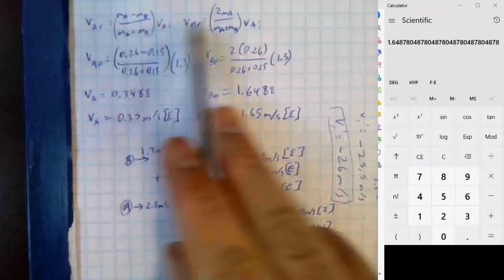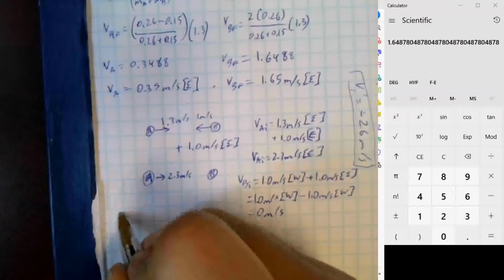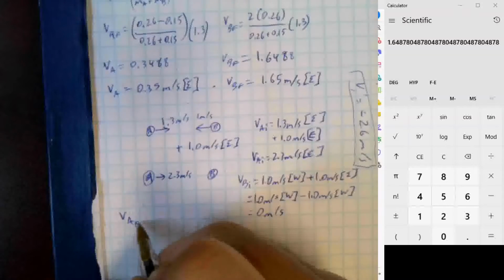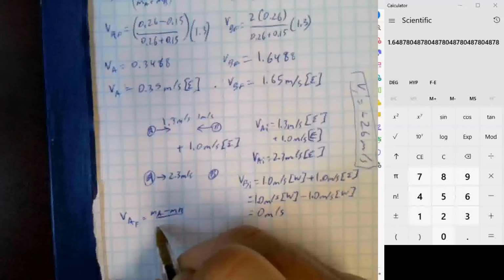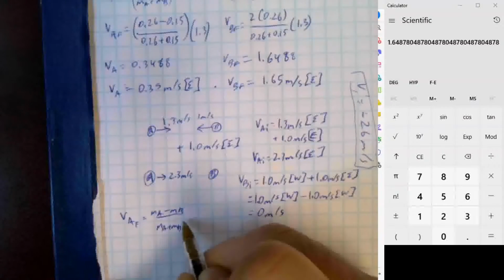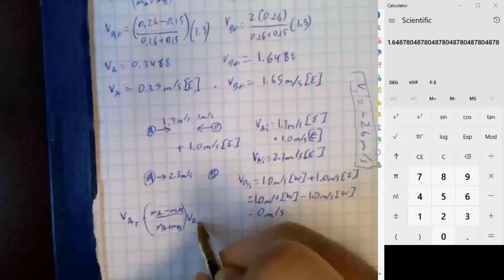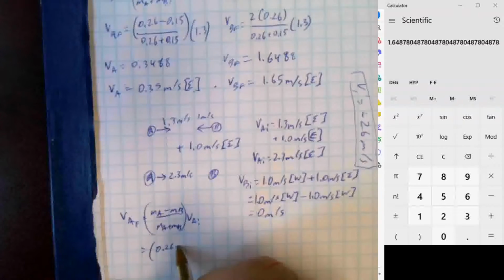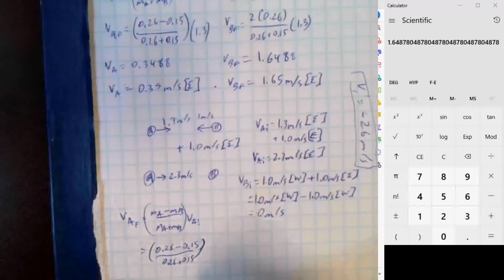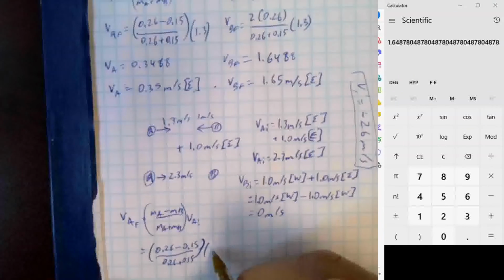Going back to these equations, I will rewrite them to make this easier to see. VAF is equal to (MA minus MB) over (MA plus MB) times VAI. When I substitute this in, I have (0.26 minus 0.15) over (0.26 plus 0.15), and my VAI is 2.3.